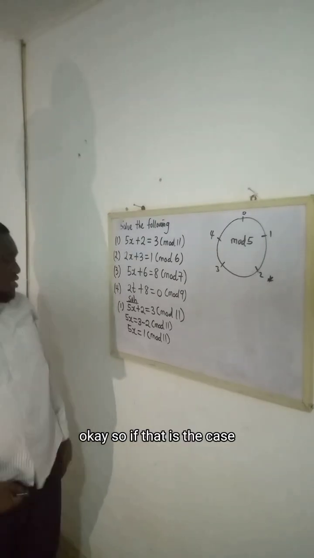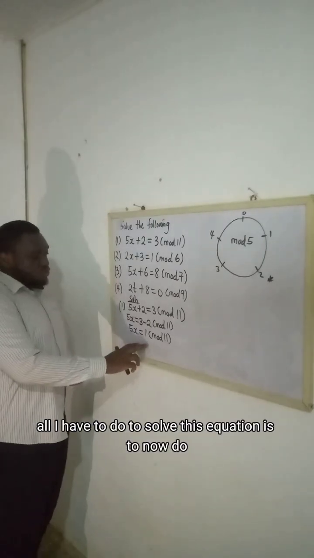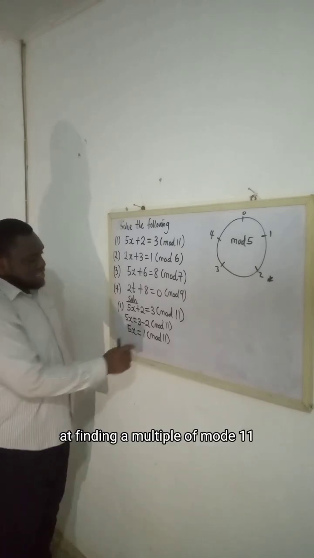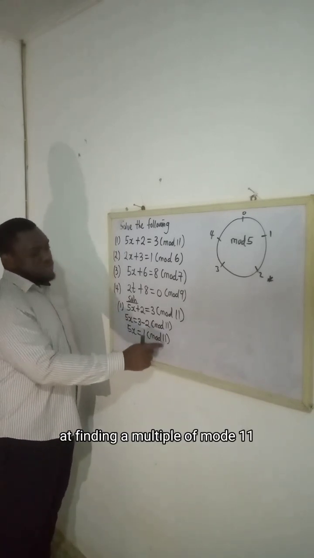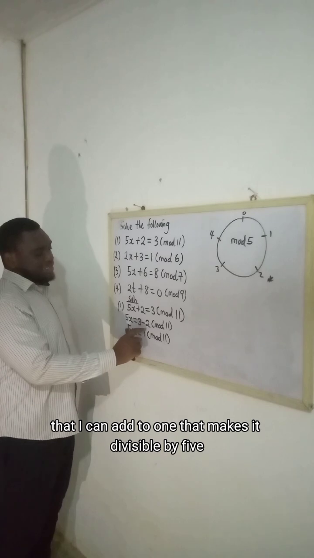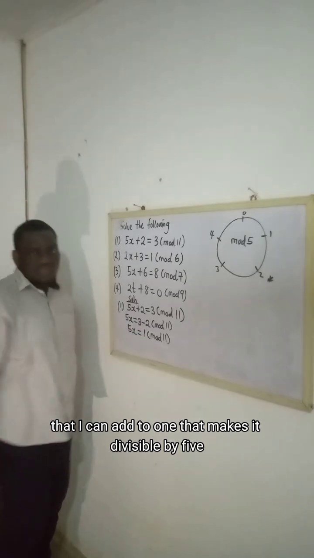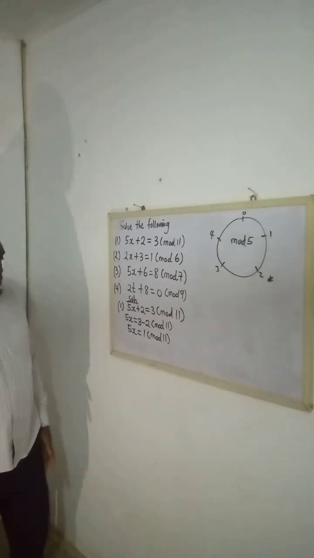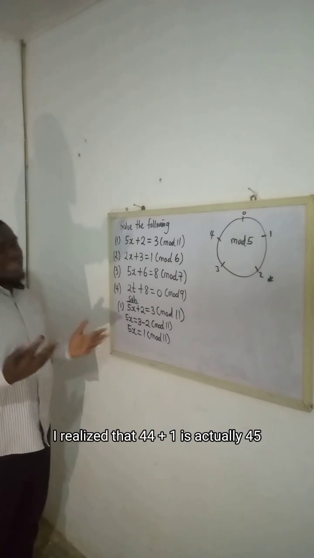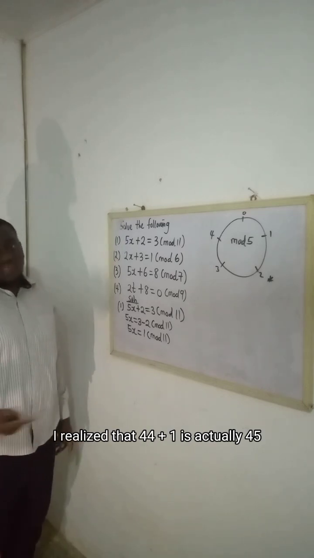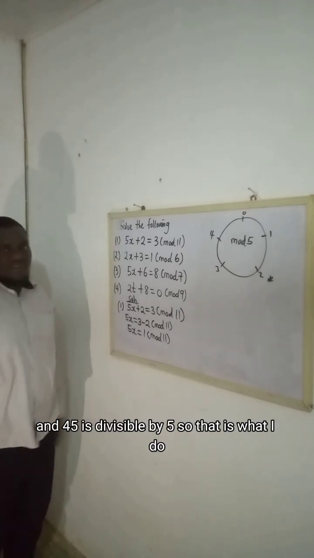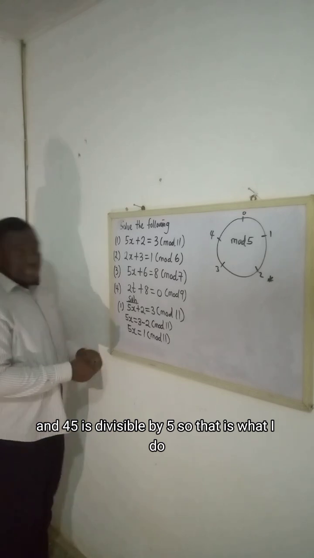Okay, so if that is the case, all I have to do to solve this equation is to look at finding a multiple of mod 11 that I can add to 1 and makes it divisible by 5. That is very easy. I realize that 44 plus 1 is actually 45, and 45 is divisible by 5. So that is what I do.